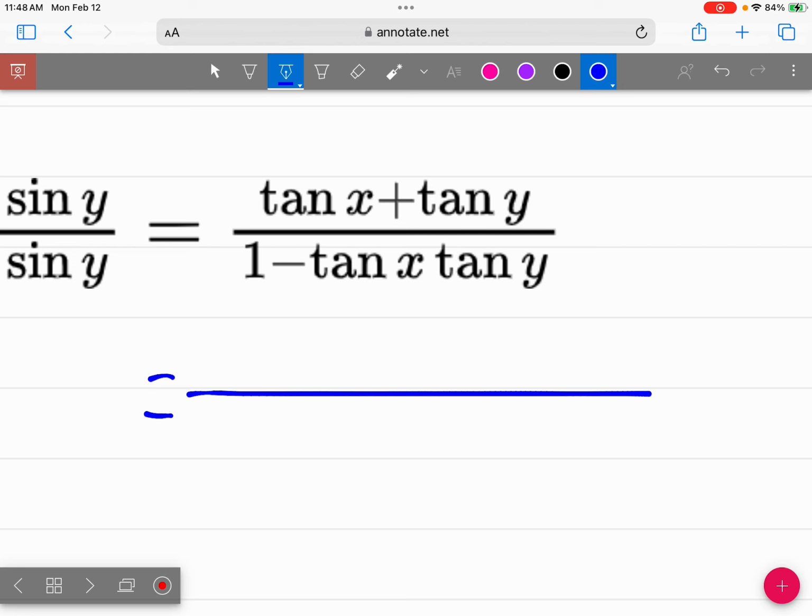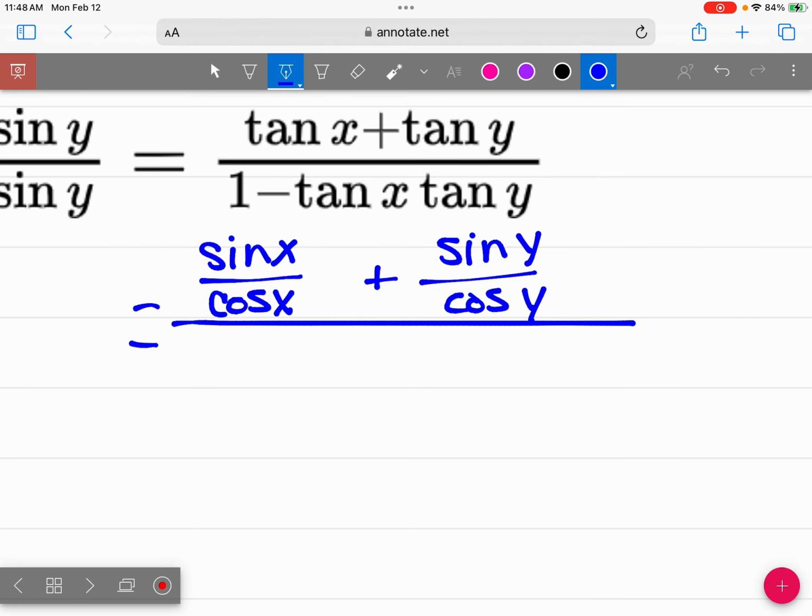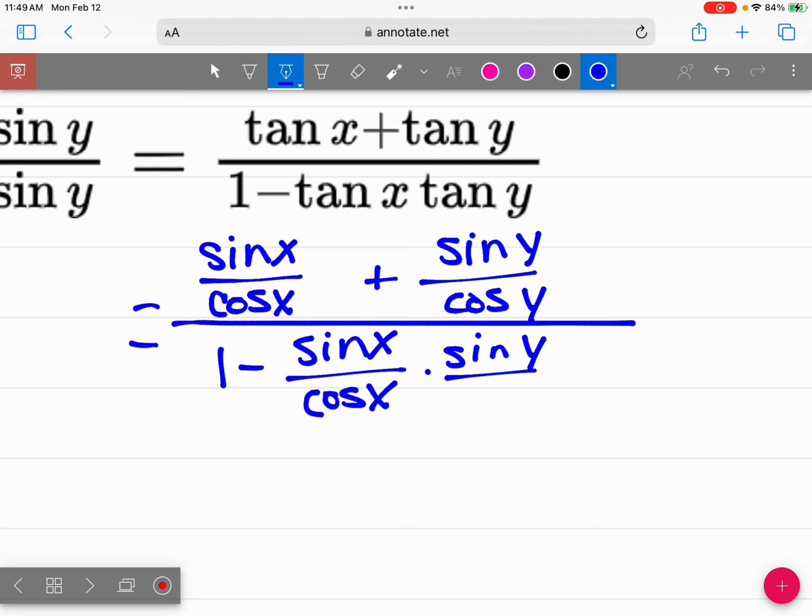I'm going to take my tangent of x to be sine of x over cosine x, and my tangent of y is going to become sine of y over cosine of y. In my denominator, we have 1 minus sine of x over cosine x times sine of y over cosine y.